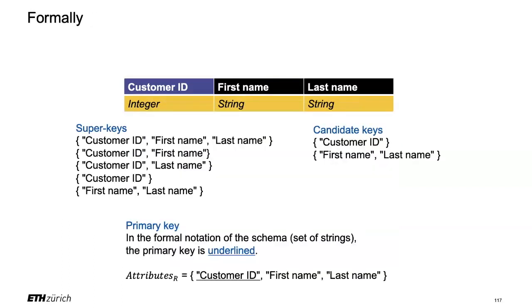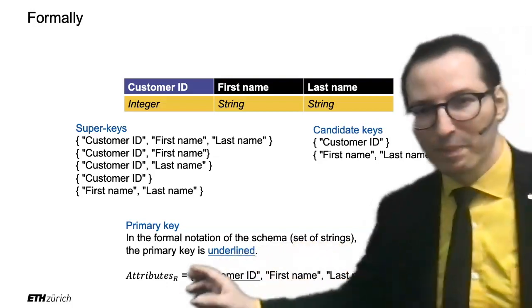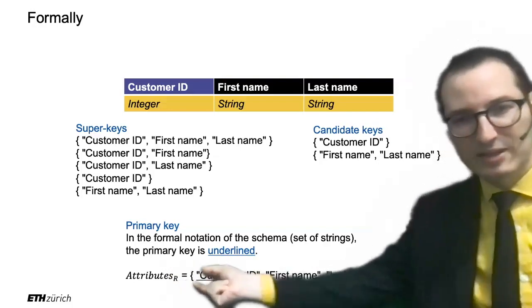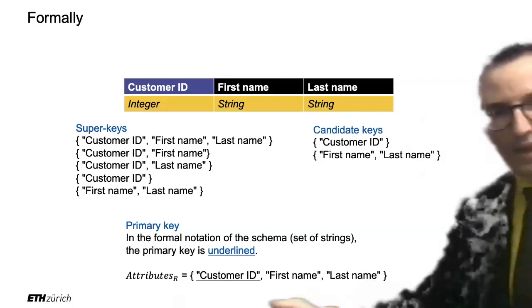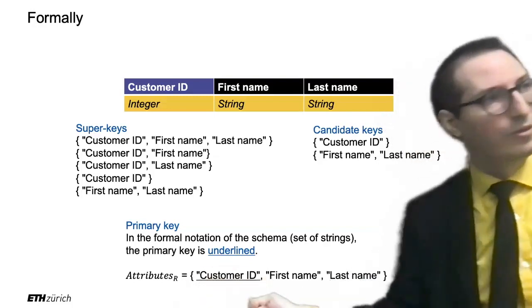Now in practice, the way we write it, you find it in some textbooks, is that you write the sequence of attributes like this, the super keys, the candidate keys, if you really want the curly braces. And what's going to happen very commonly is that when you write down the schema of R, typically you list the attributes of R in this way, and you underline the primary key.